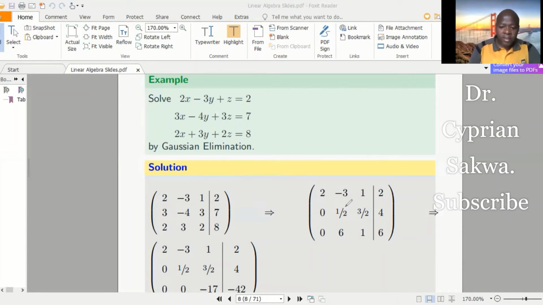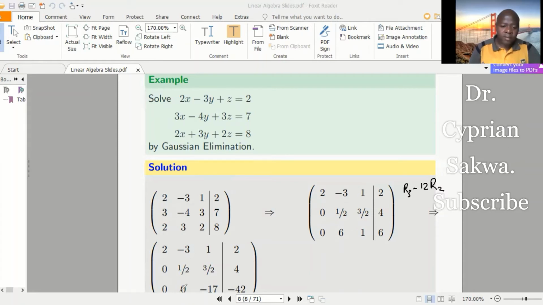Now I have this leading element here. I use it to create a 0 in this position. So what am I to do? For me to get a 0 in this position, if I was to use this element, then it will mean that I will take row 3 minus 12 of row 2. So what is 12 of 0? It will be 0. From this, I have a 0. 12 of a half is 6.